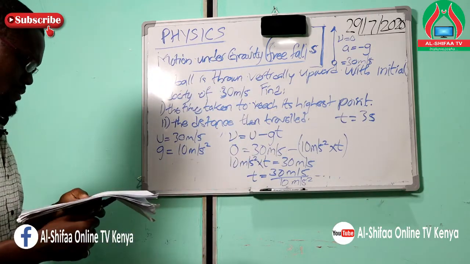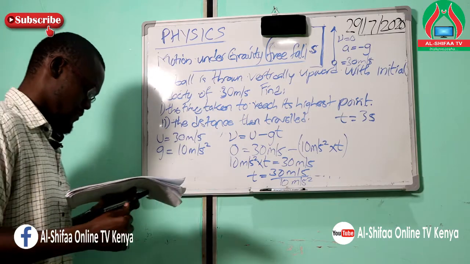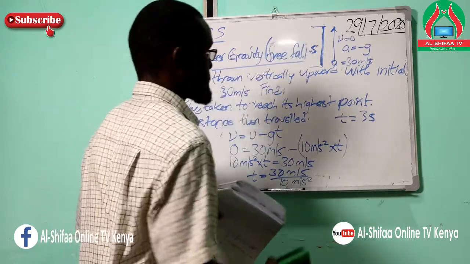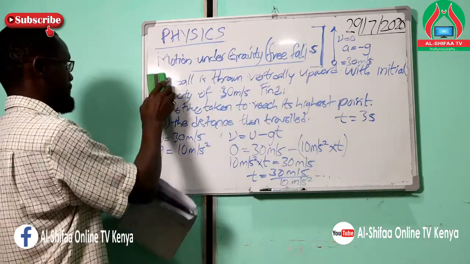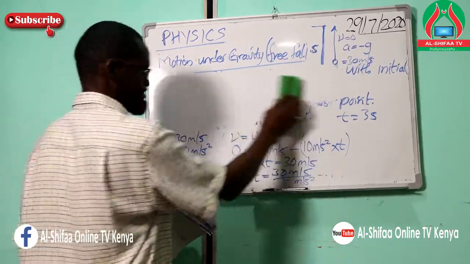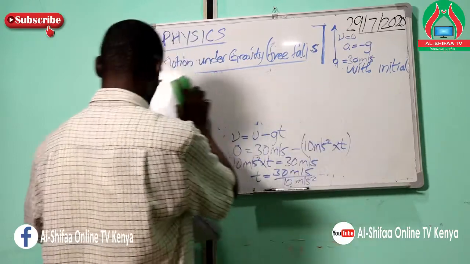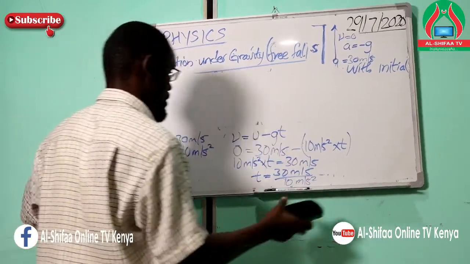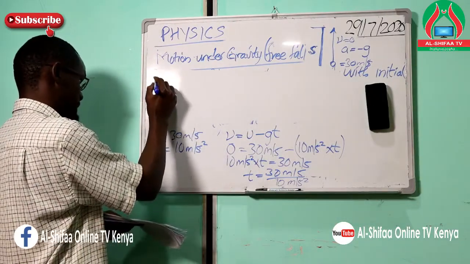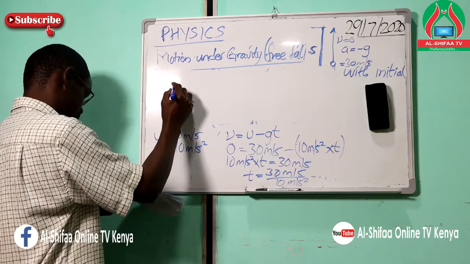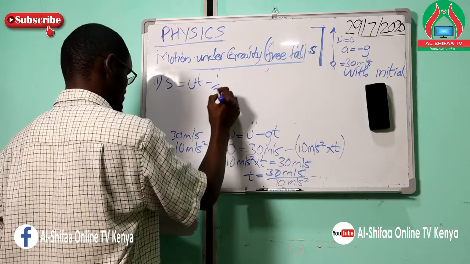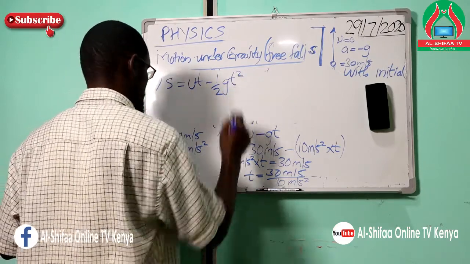Then to the second part, distance is equal to u t minus a half g t squared.